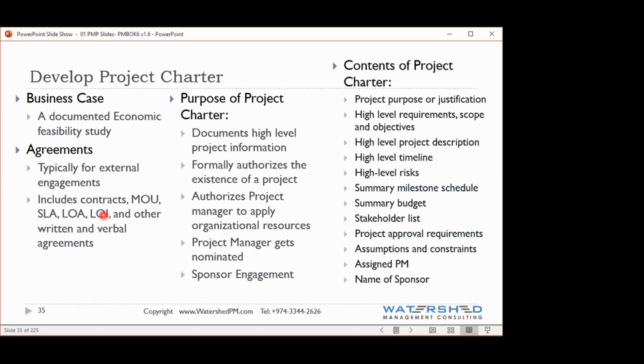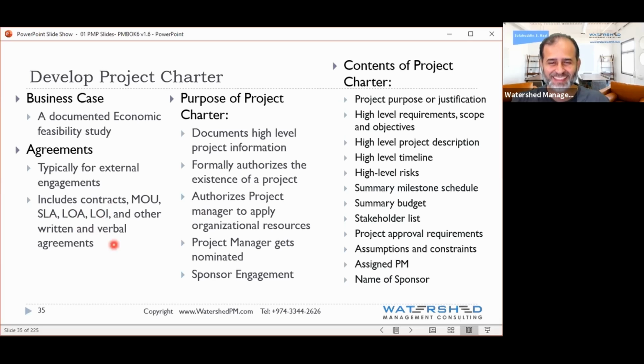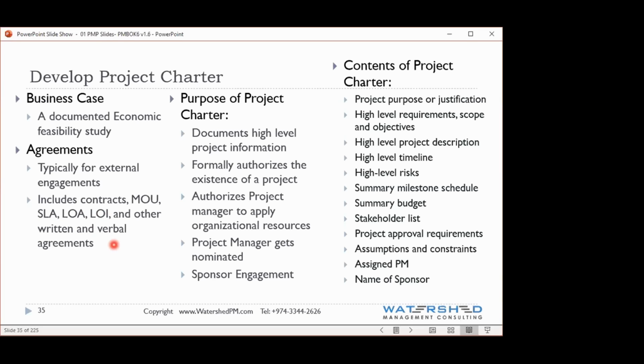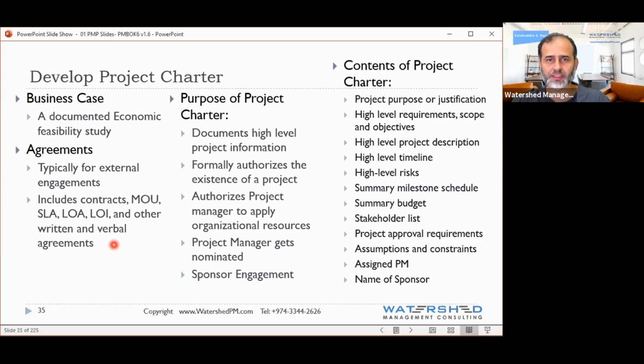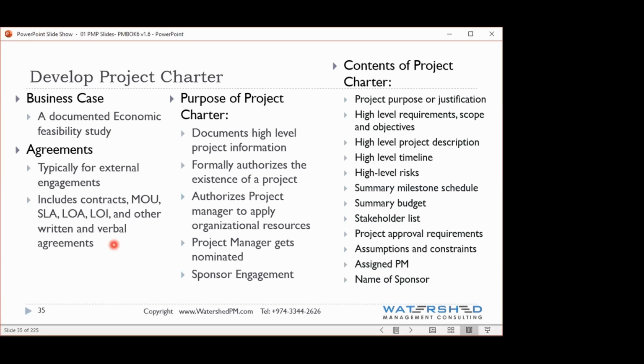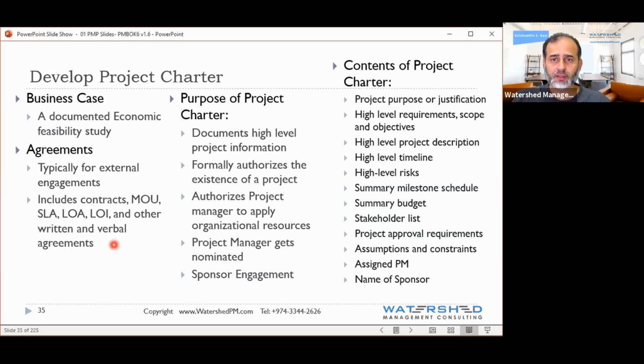An LOI can be cancelled anytime; it's like we are shortlisted, their intent only. LOA is the right one. If we get an LOA, that means we got the project awarded. An LOI can change anytime, but the LOA is the clear-cut award. They cannot play games with an LOA. So that's the whole idea.